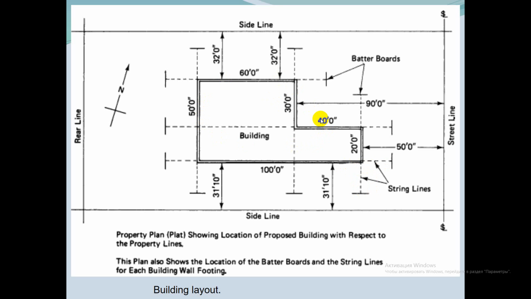The batter boards and string lines are usually set at the first floor elevation. Batter boards and string line. And these are the corners of the building. This plan also shows the location of each string line and each building wall footing.